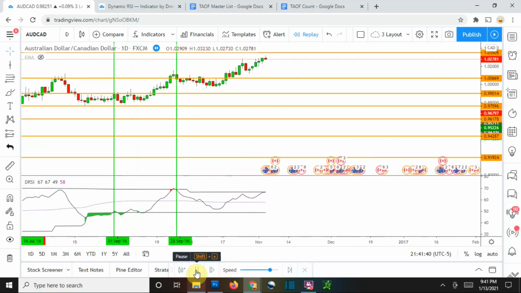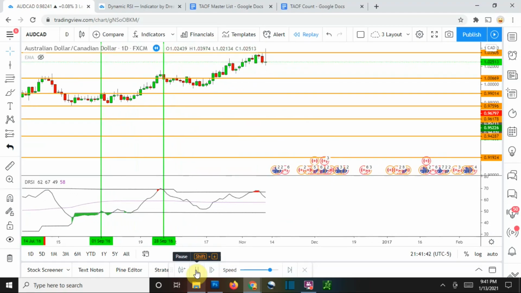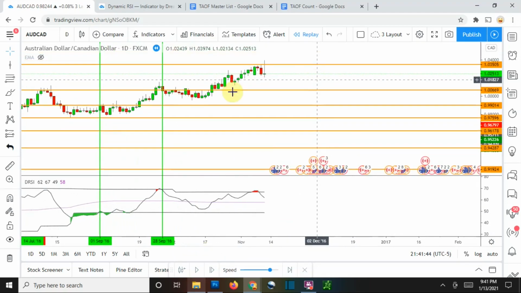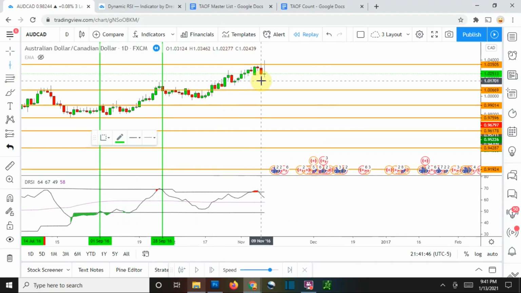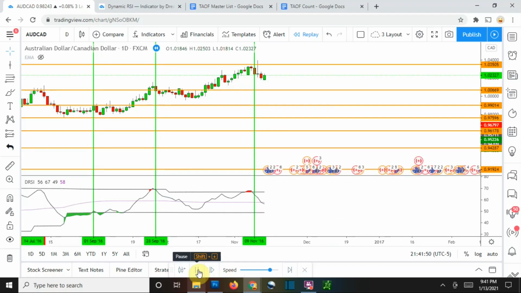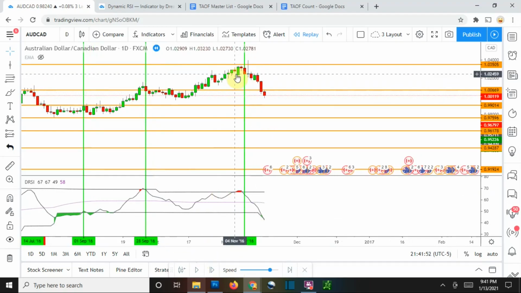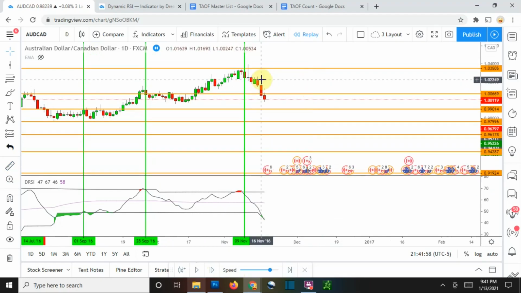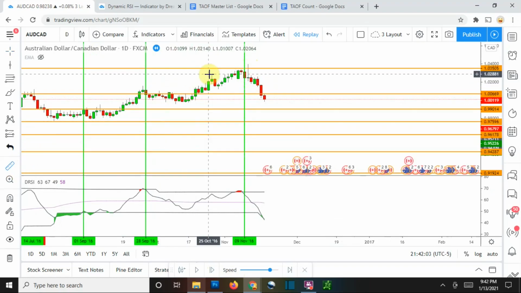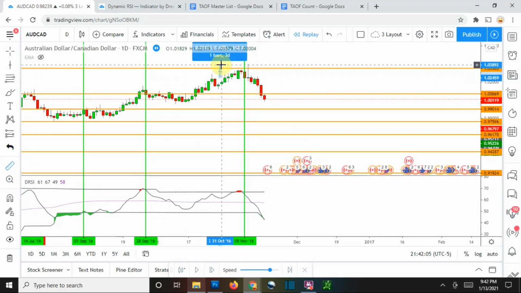Back up into the red zone now, and we get a cross down right here. Looks like we got stopped out, unfortunately, on that massive wick that took place. This candle right here, it's unfortunate because it came up, stopped us out.